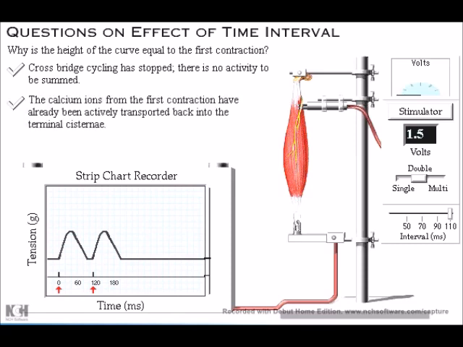The calcium ions from the first contraction have already been actively transported back into the terminal cisternae. Both of the above. That's correct. Calcium ions from the first contraction have already been actively transported back into the terminal cisternae. Since the muscle is no longer partially contracted, a temporal summation is not possible.